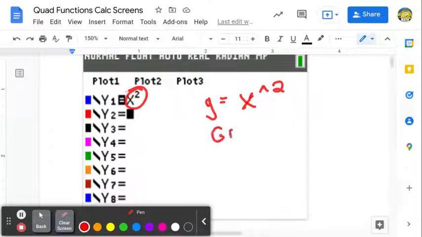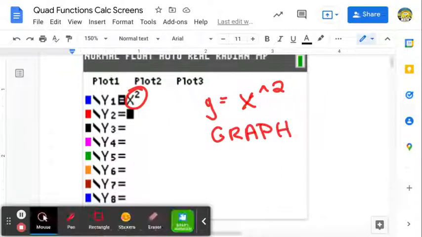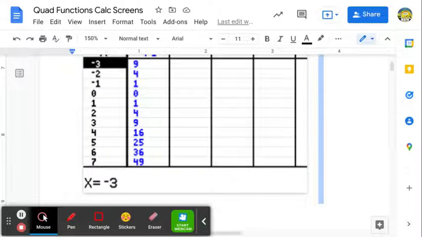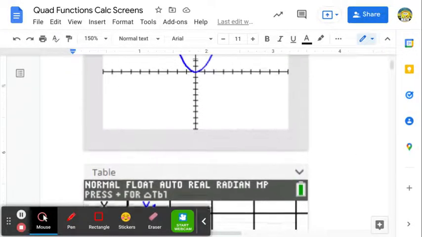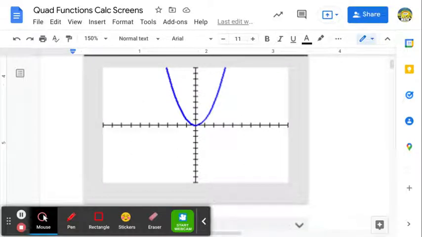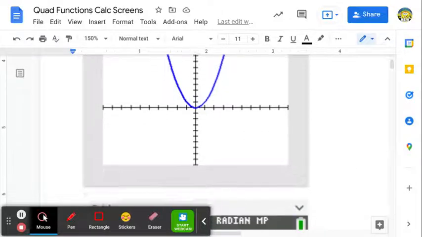Then you can hit the graph button just to see what this looks like. Here it is. Here's our U shape. Now, the graph is a good place to see what it looks like, but this is not where you want to go to get points because there could be decimals, there could be all sorts of weird things going on.